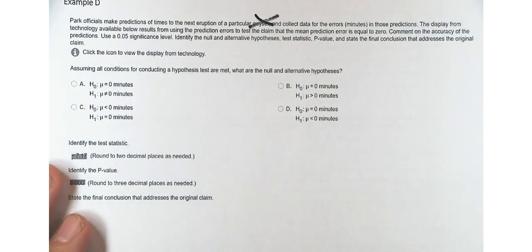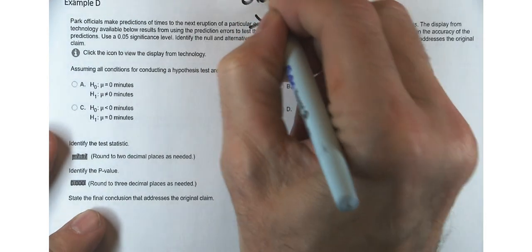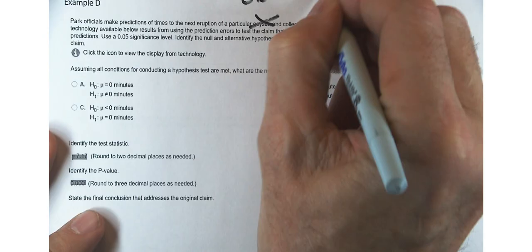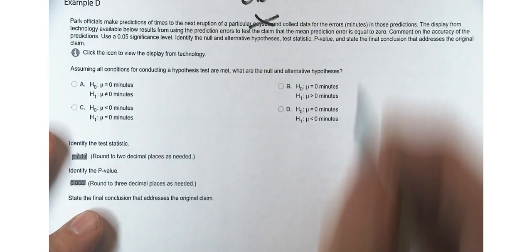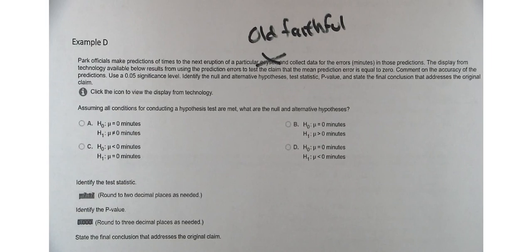Does anyone know what that would be? It's in Yellowstone. Old Faithful. Old Faithful geyser. So it erupts regularly, a little less than every hour, about 80 minutes or so, between eruptions.